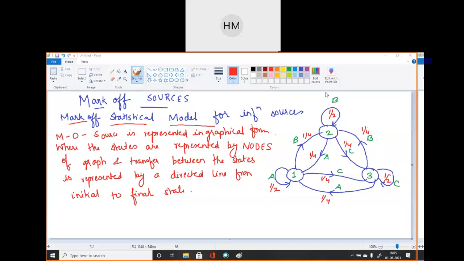This is some pattern or some type of graphical representation for the source where we are dealing with different states. Okay, so Markov sources, and write down the next heading as Markov statistical model for information sources.